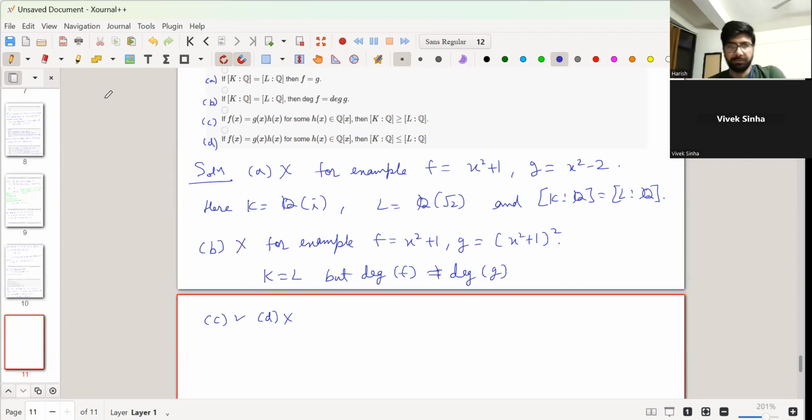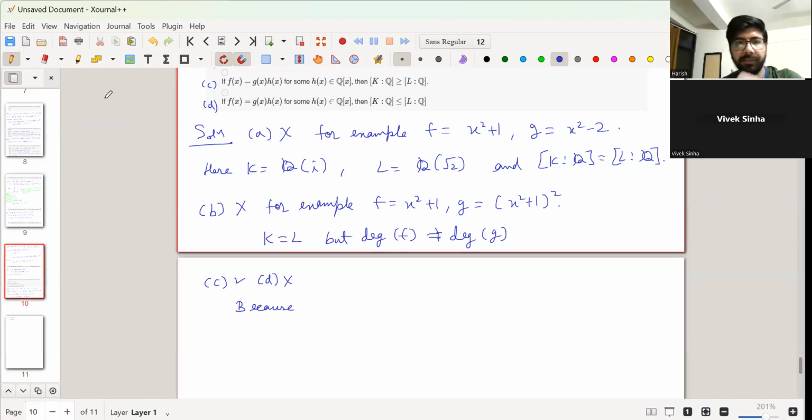because by definition, K is the splitting field of f.